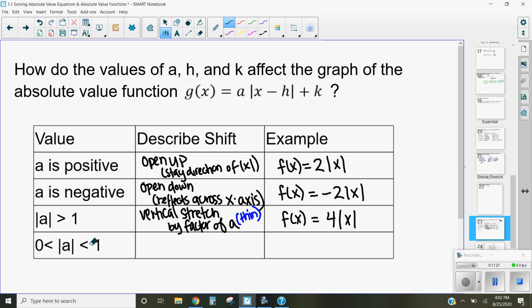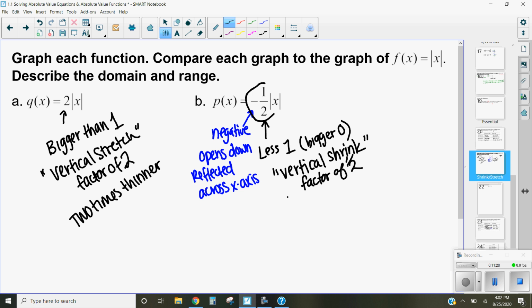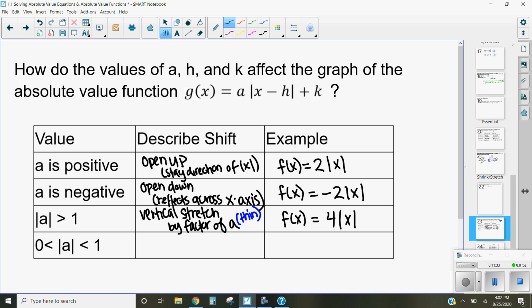Now what happens if the absolute value of a is between 0 and 1? So think of that example that we had up here, negative 1/2. What's the absolute value of negative 1/2? That's going to be 1/2. So 1/2 is between 0 and 1. And when we looked at that problem, we had something called a vertical shrink. Okay, and we would describe that shift as a vertical shrink by a factor of a.